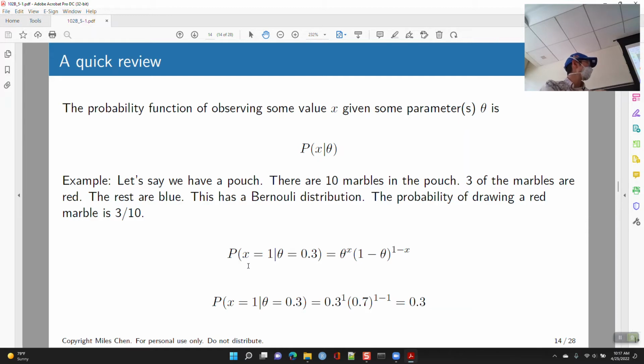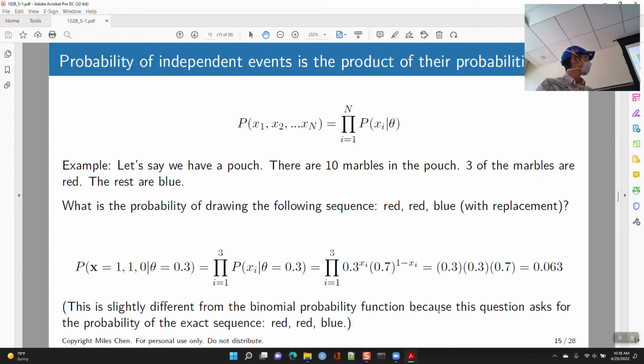More formally, x equals 1 if red and 0 if not, given the parameter 0.3, the probability is theta to the x times 1 minus theta to the 1 minus x. So if x is 1, it's 0.3, and if x is 0, it's 0.7. That's our probability function.